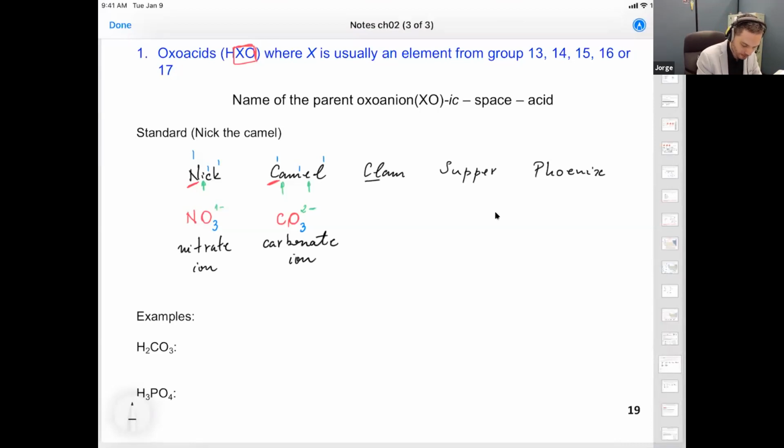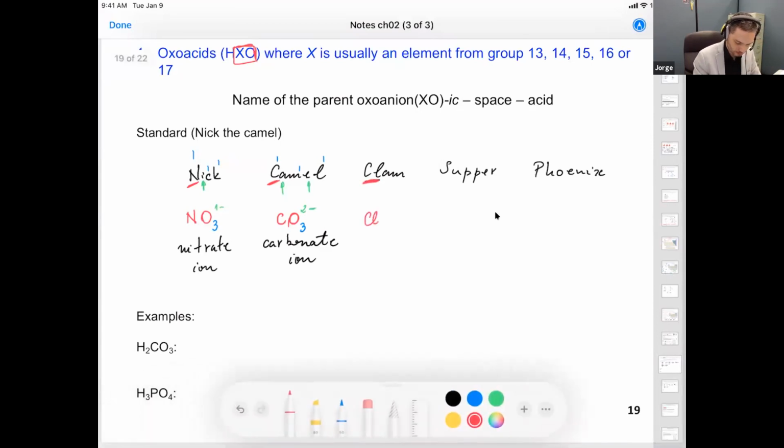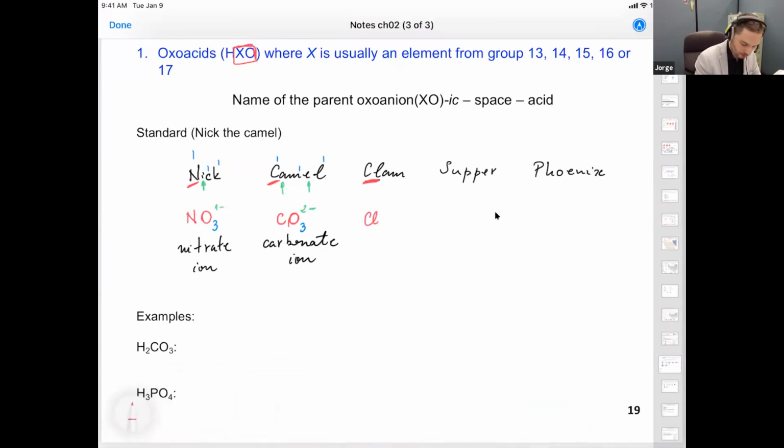For clam, the element here is going to be Cl, always followed by oxygen. The number of oxygens has to be equal to the number of consonants, 1, 2, and 3.